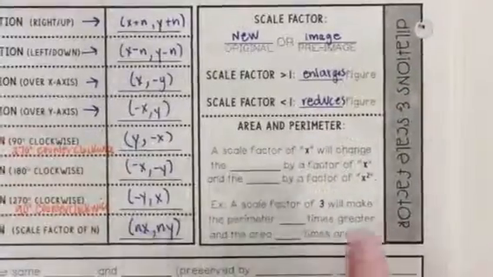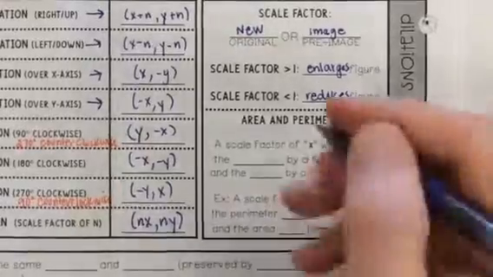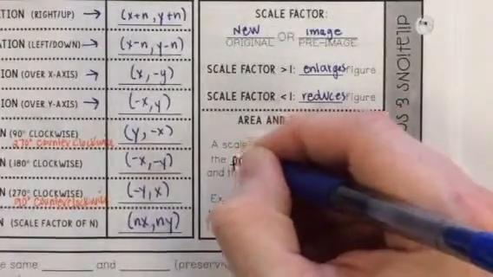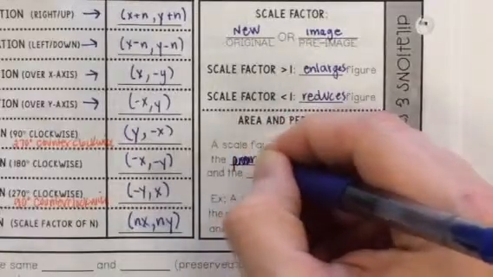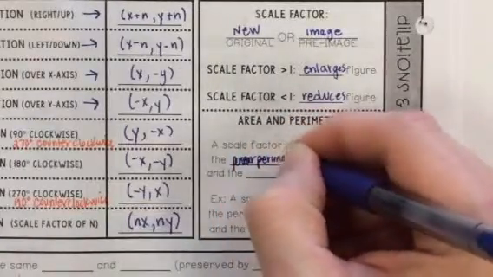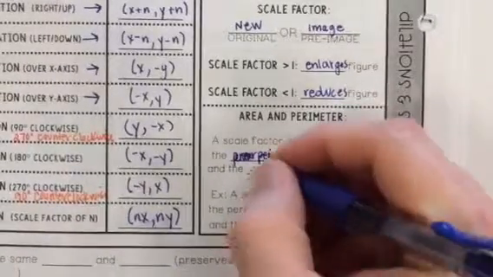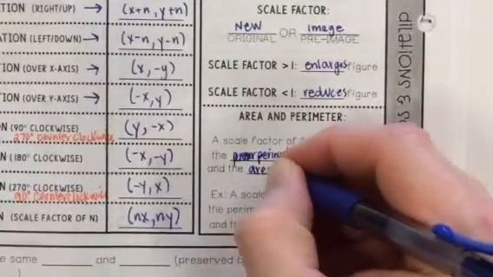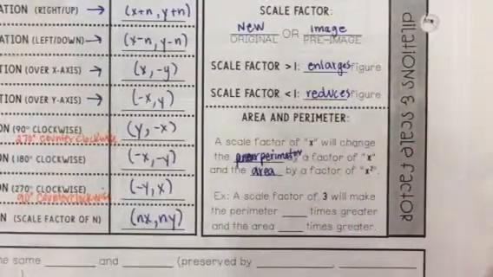All right, area and perimeter here. A scale factor of x will change the perimeter by a scale factor of x. Can't spell today. P-E-R-I-M-E-T-E-R. By a scale factor of x. And it'll change the area by scale factor squared, or x squared in this case.